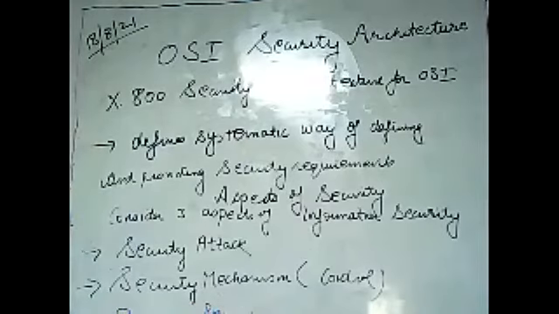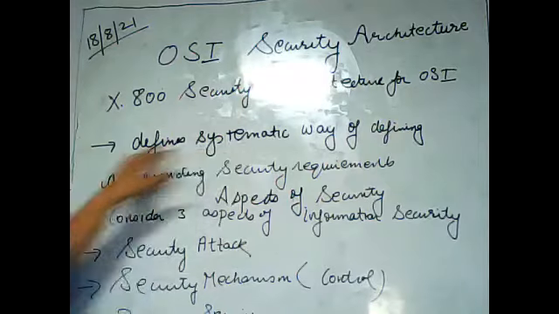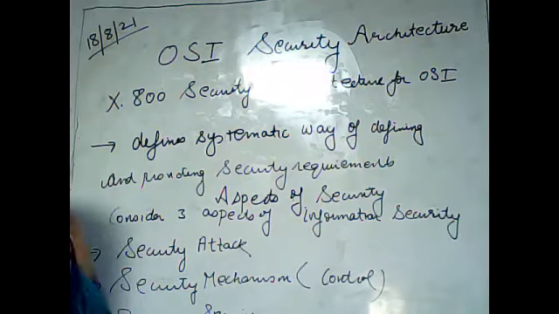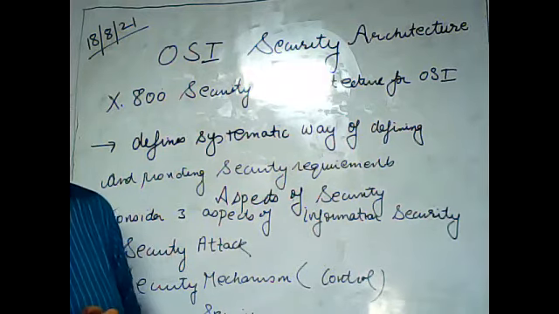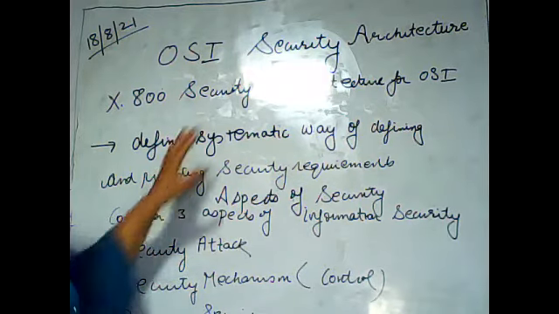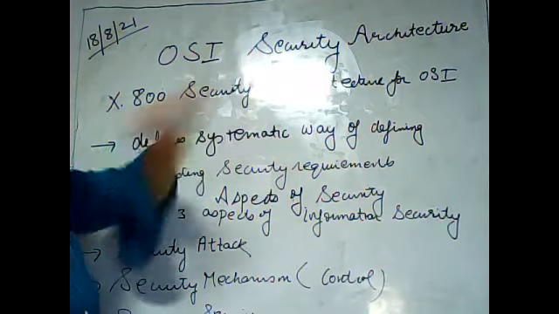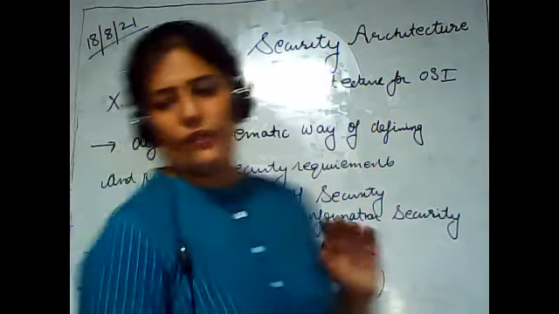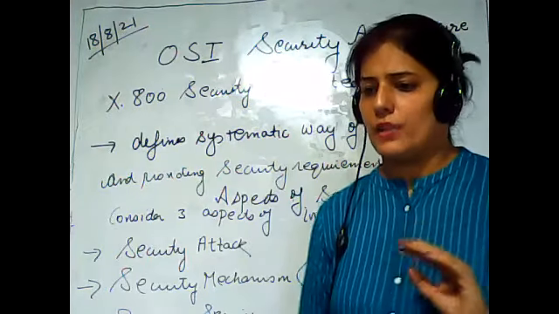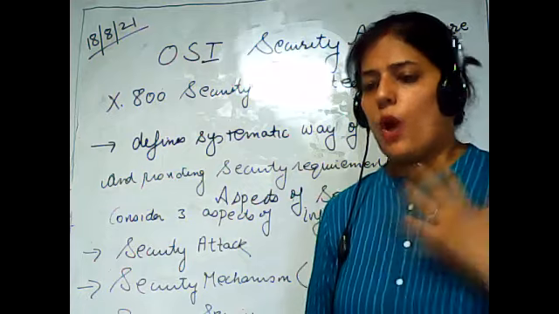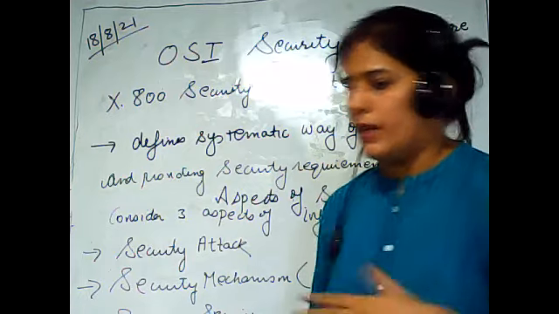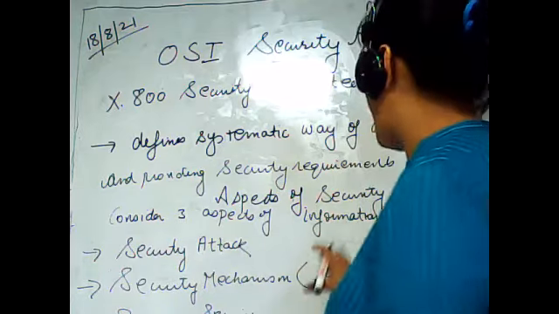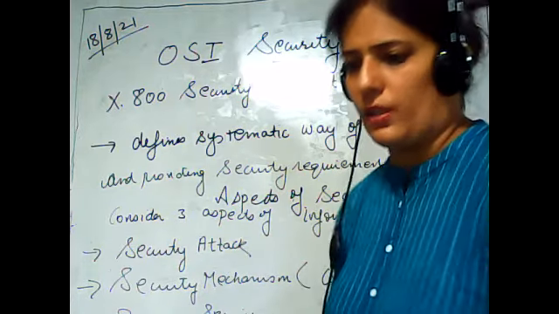So the OSI security architecture defines a systematic way of defining and providing security requirements, and all the security requirements depend on these three aspects, which are part of information security.